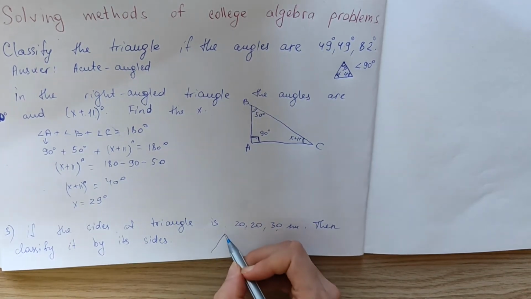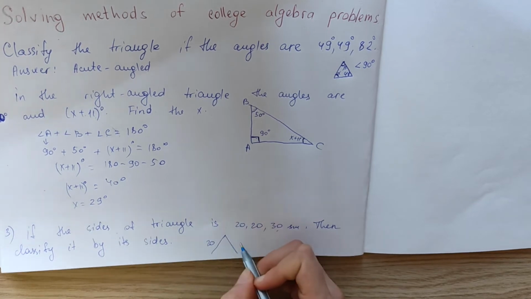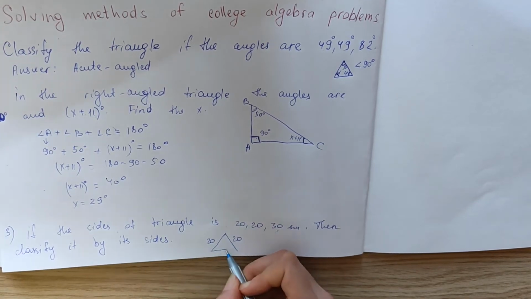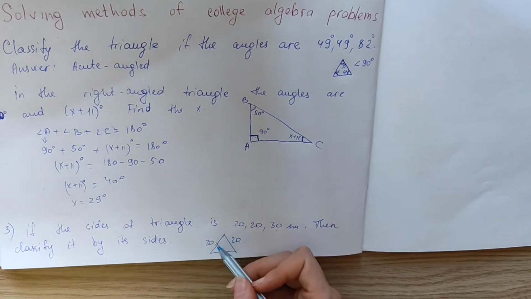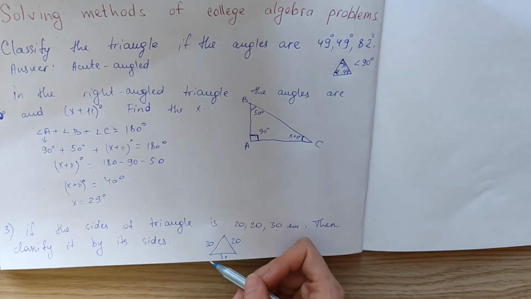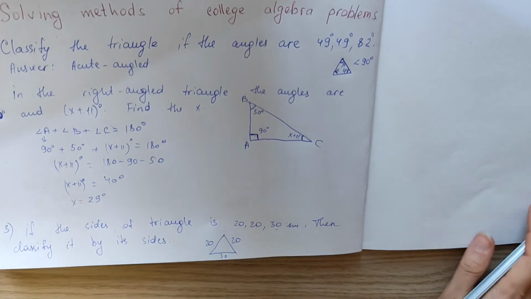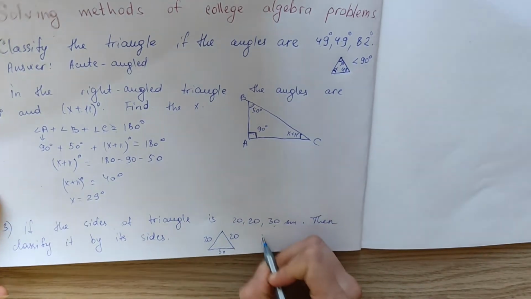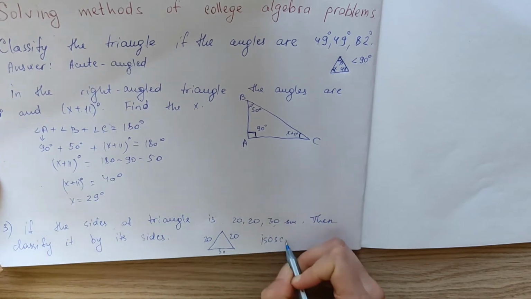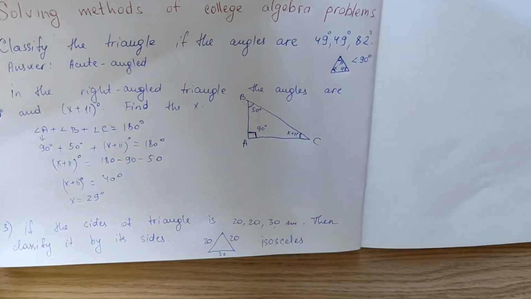So the sides are 20, 20 and 30. You know, two sides are equal. And then we say that this triangle is isosceles.